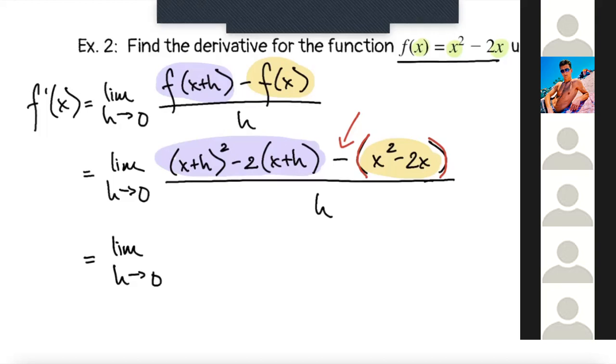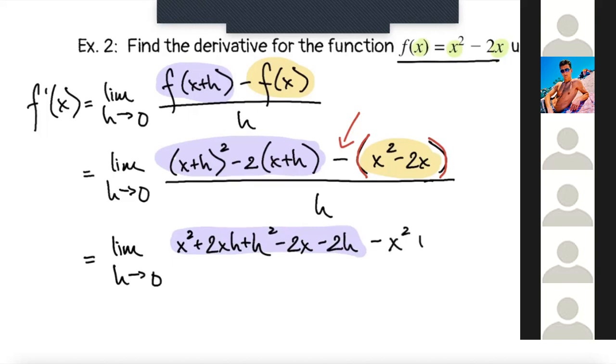So we'll get up here x squared plus 2xh plus h squared minus 2x minus 2h. That's all from the purple. Minus x squared plus 2x.